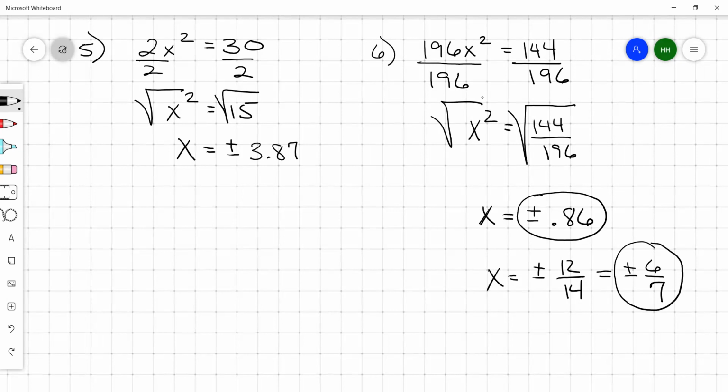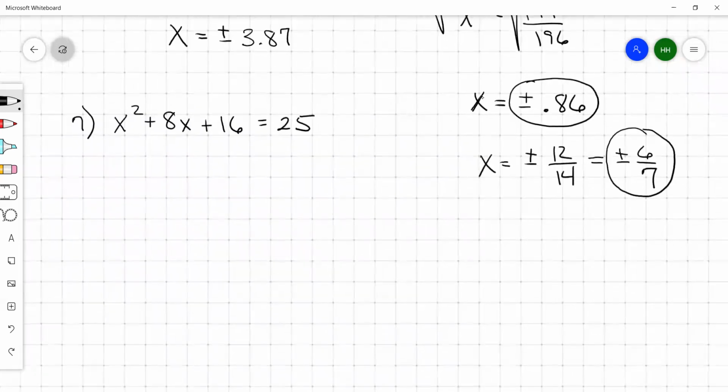And then problems 7 and 8, perfect squares. 7 is x squared plus 8x plus 16 equals 25. This trinomial on the left is a perfect square, and it factors to x plus 4 squared equals 25.